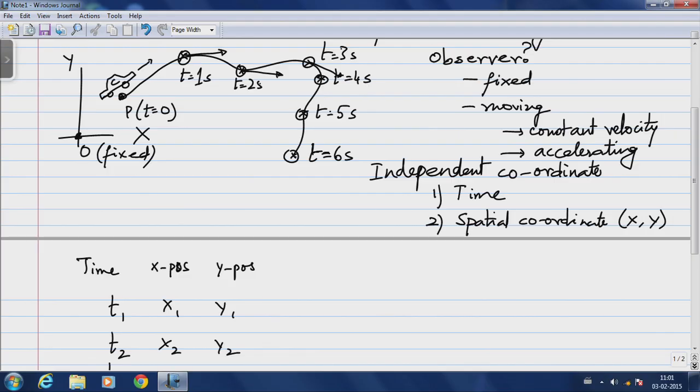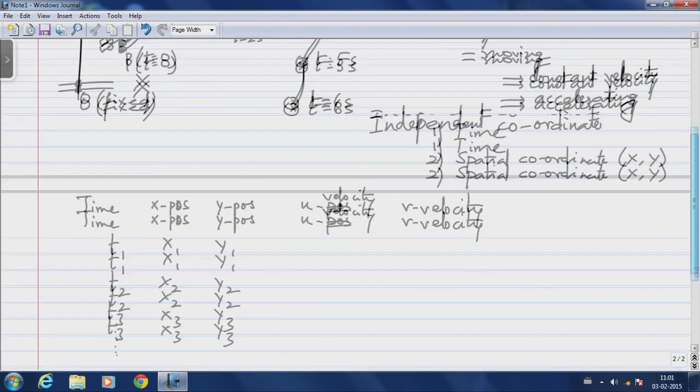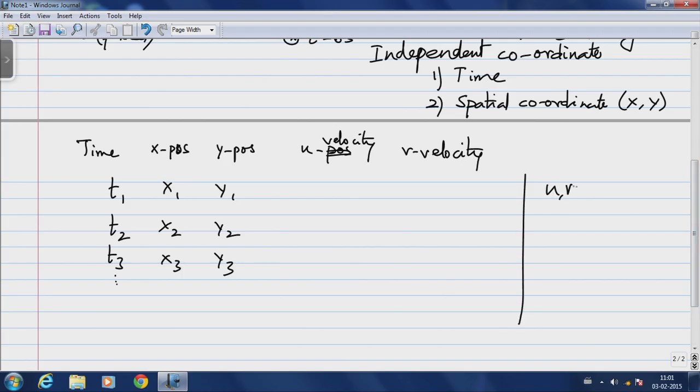And let us say if the car has a speedometer in it that is indicating a speed, I can also record from the speed, from knowing the speed and from knowing the instantaneous tangent vector, I can essentially record the u velocity and the v velocity. u and v are components of the velocity in x and y directions.